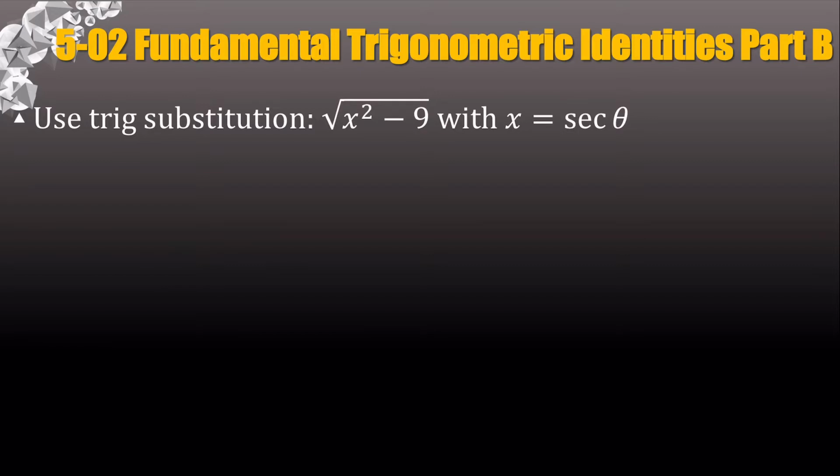Lastly, we'll do something called trigonometric substitution. So you're given an expression, and you're given some substitution to do with x. So we're going to plug in the x. So square root of x, okay, x is secant squared minus 9.